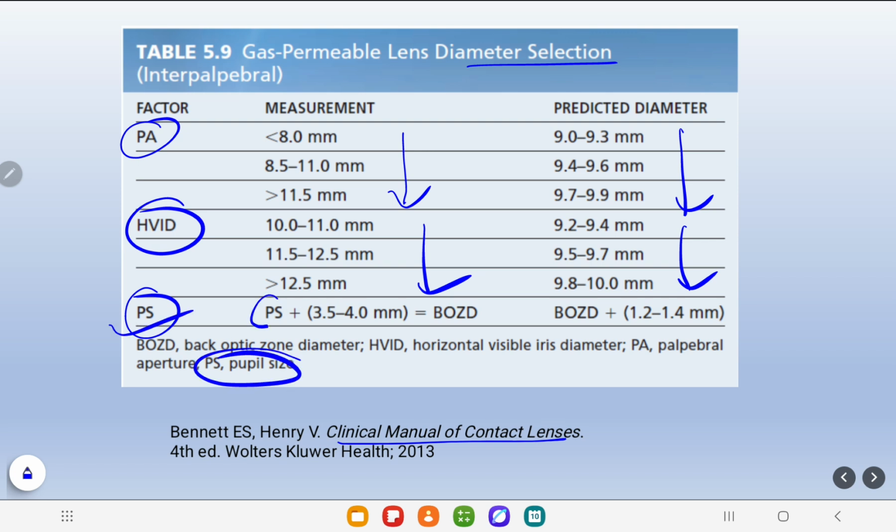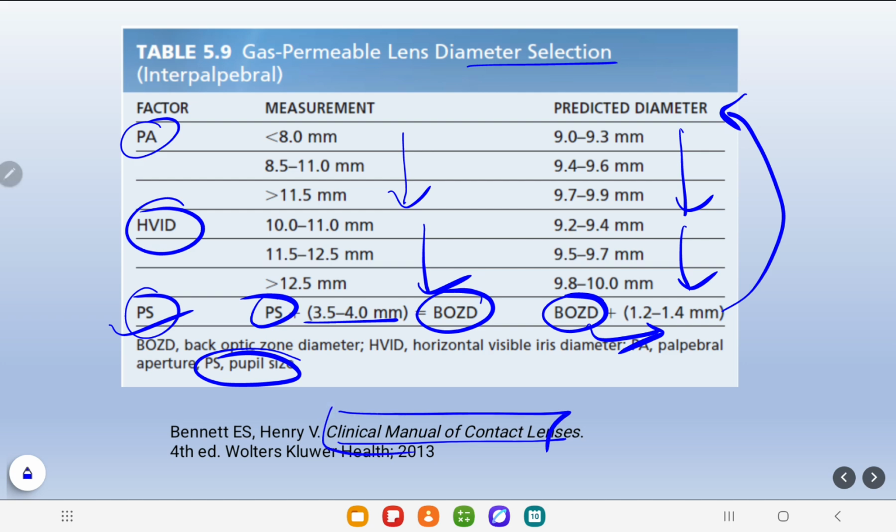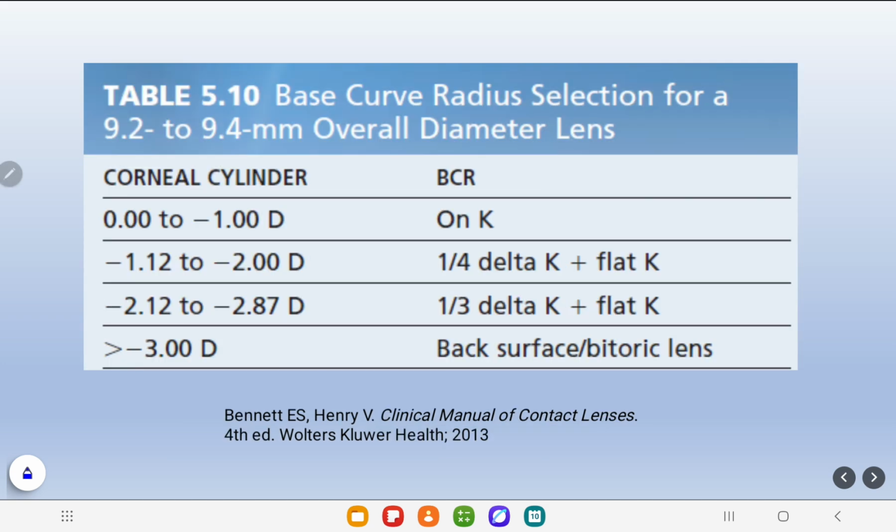What are the rough guides for pupil size? Pupil size plus 3 to 4 mm will be your BOZD, and BOZD plus 1.2 to 1.4 will be your total diameter. So you will have a rough idea from this particular table. I have taken this table again from Clinical Manual of Contact Lenses.